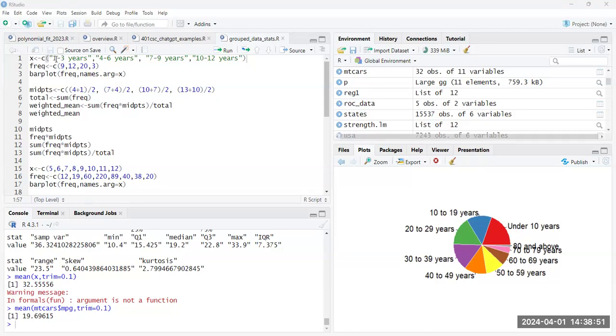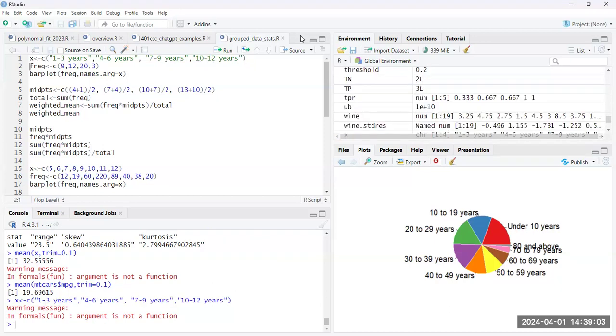And typically the way that we do this is with the midpoints. So in this case, we have some labels for our data. We're grouping data from 1 to 3 years, 4 to 6 years, 7 to 9 years, and 10 to 12 years for some set of students. And then we're also going to enter some frequencies for the number of counts that are in each of these bins.